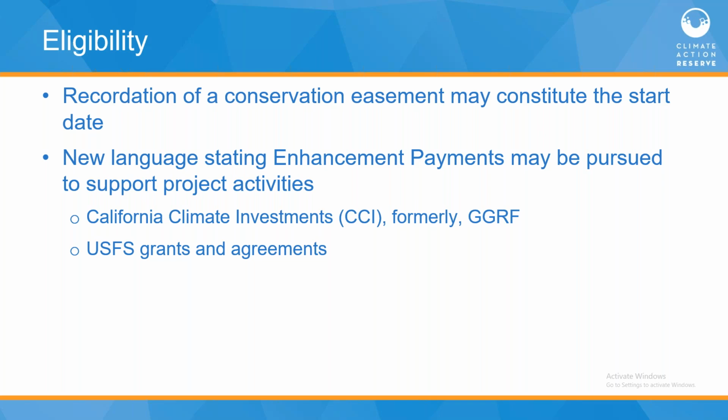Basically, we don't want to preclude projects from pursuing other grant opportunities that we view as synergistic with the carbon project, as long as the grant is not specifically paying for carbon benefits, as that would get into double counting territory. So this is the type of thing where it will somewhat be subject to our review. We'll want to understand the details of these so-called enhancement payments before approving the project to move forward.